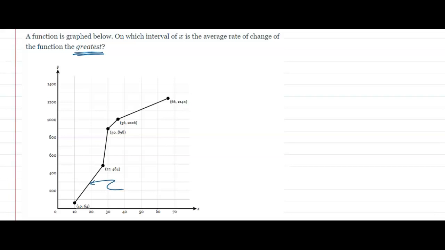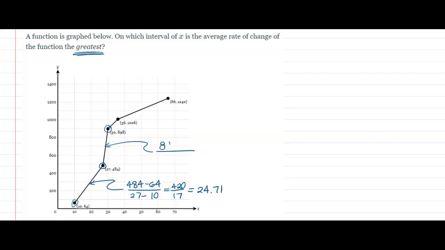From this point to this point, all we have to do is 484, take away 64, 27, take away 10, which would give me 420 over 17, 24.71. This next one right here, now we're going from this point to figure out the slope of this segment.